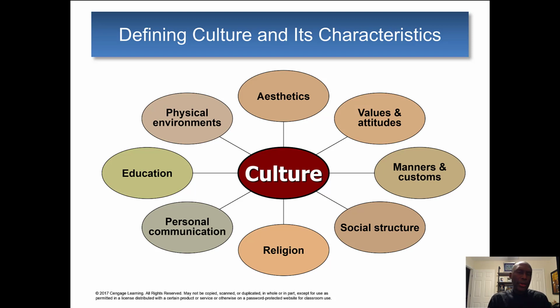Manners and customs is a very interesting one, because we do know over a period of time that things have changed in terms of manners. You don't hear ma'am and sir as you did maybe 30, 40, 50 years ago, particularly in the South. And there are certain other traditions that I recall as a boy growing up in Chicago and then watching my parents. One of the things that we could not do, or that we were discouraged from doing, is having our hands in our pockets as we stood in front of an adult.